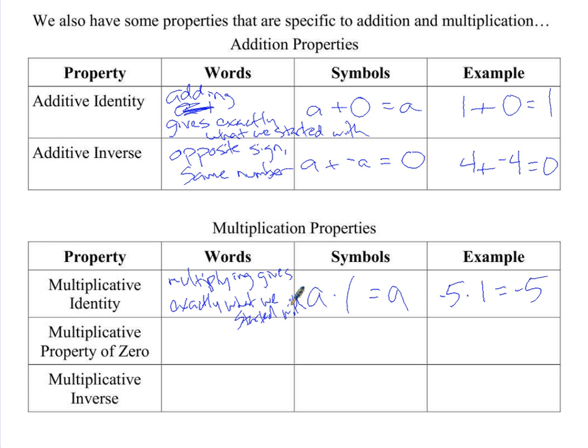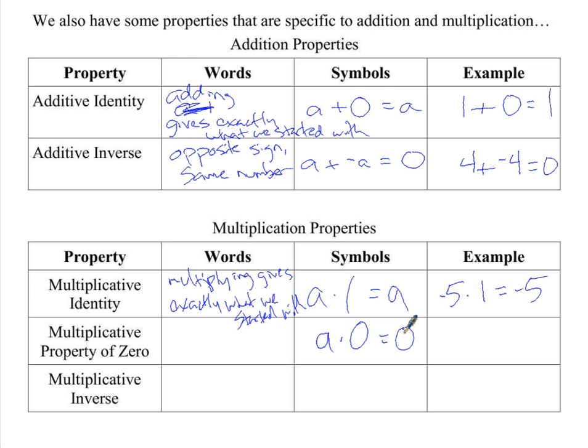Okay, the multiplicative property of 0. I'm willing to bet that you guys can come up with this one. I have some number, and what am I going to multiply by? Times 0. And what do I get? 0.